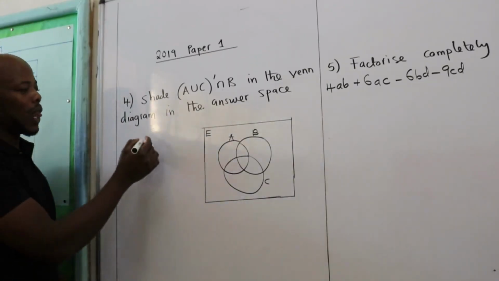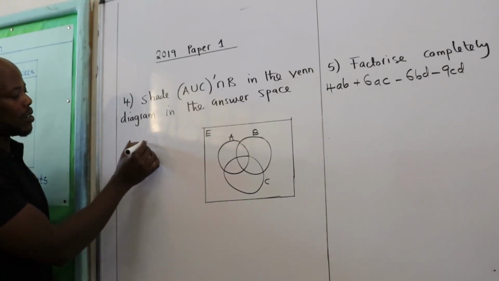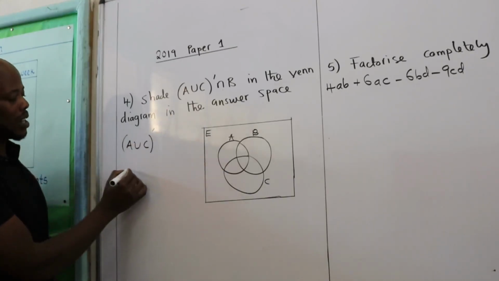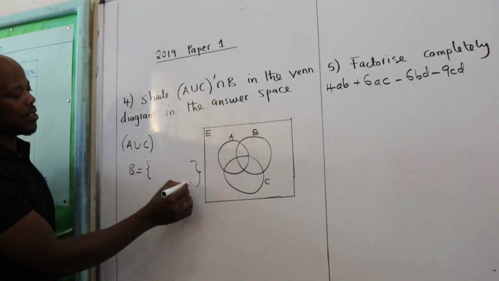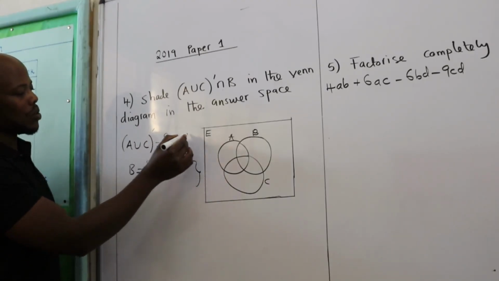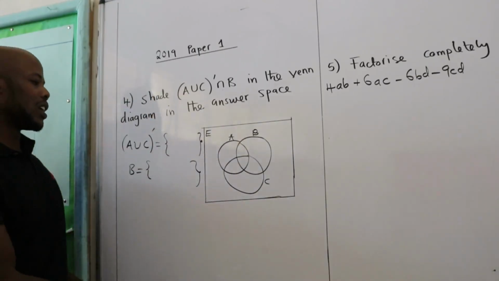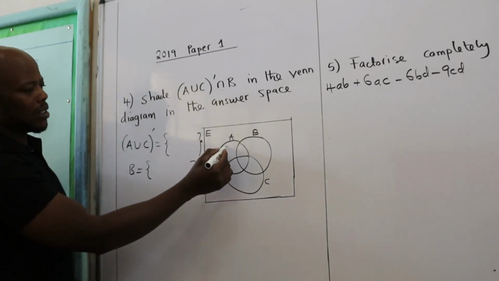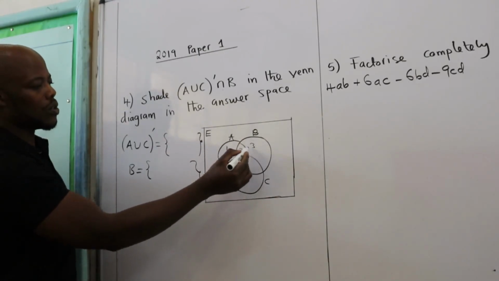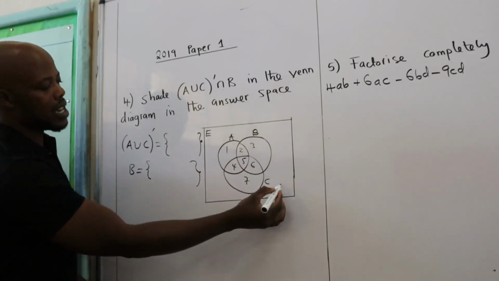So we have A union C complement, so we separate them, and then the other one is B. We need to identify these and then check where they fall on this diagram. So we can put the numbers here: 1, 2, 3, 4, 5, 6, 7, and 8 outside.